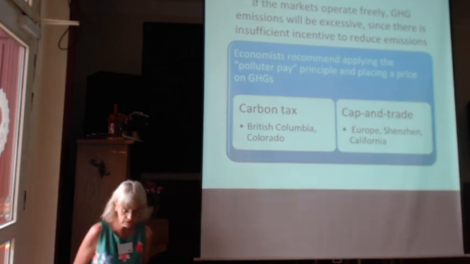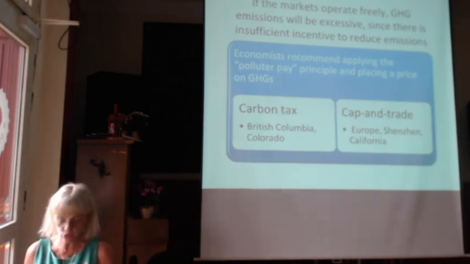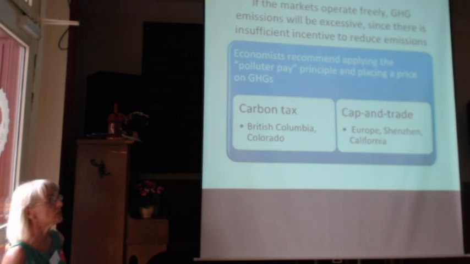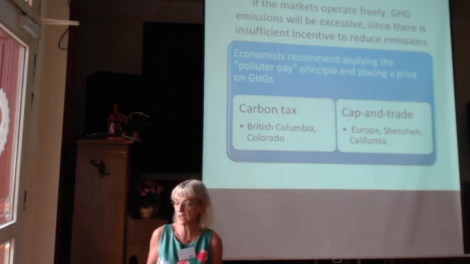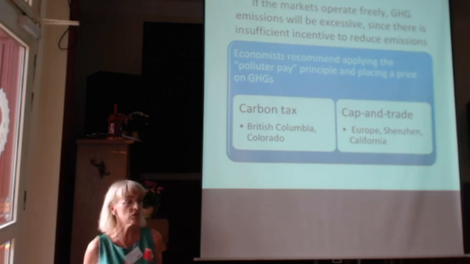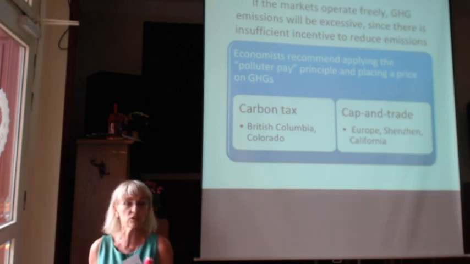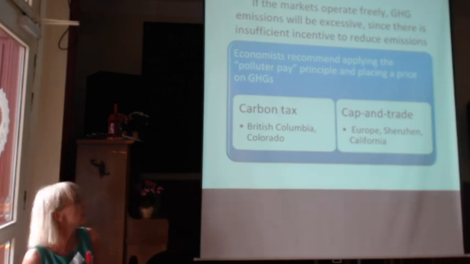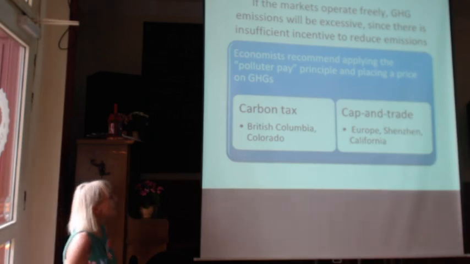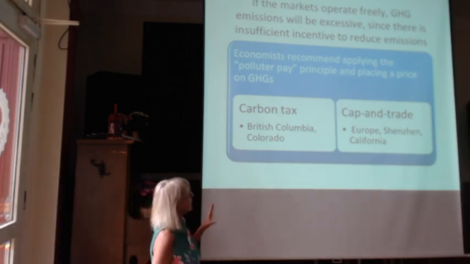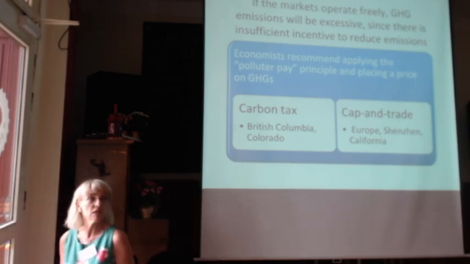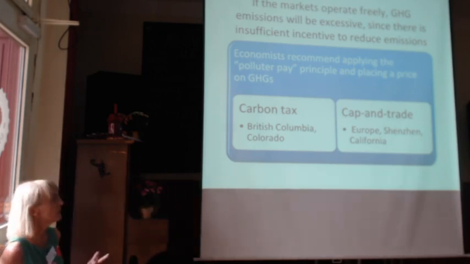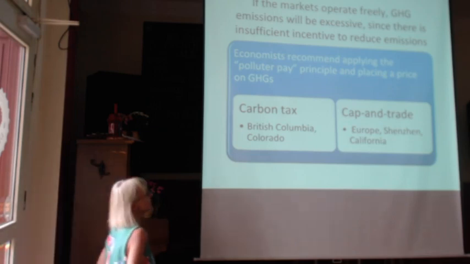Now, if companies want to curb the amount of emissions going out, they need to invest some money. Unless they are penalized for putting the emissions out, they don't really have an incentive to do anything, because it costs them money. So economists are recommending some sort of polluter-pays mechanism, and different countries have adopted different methods.